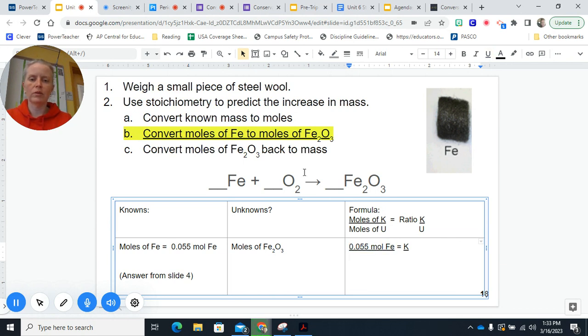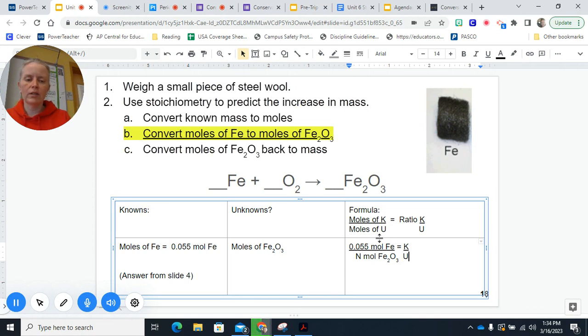So this would be the moles of iron oxide. It's a little more space. And then on the bottom over here will be the coefficient that you see in front of iron oxide.